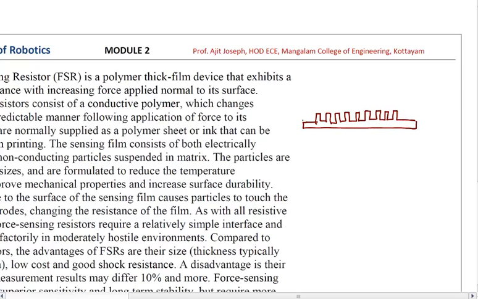I am connecting a battery to this electrode, and I am connecting an ammeter. How much current flows through this circuit will be decided by the resistance of this electrode, which is very small.